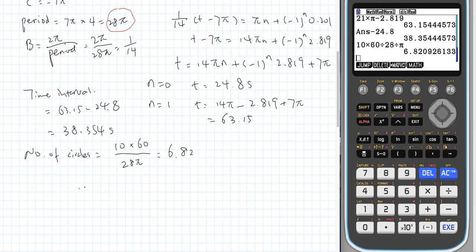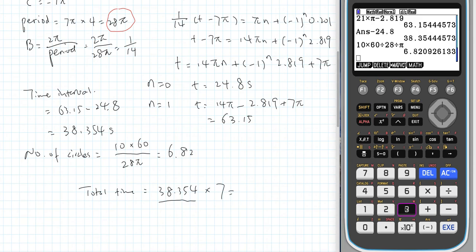And so the total time should be equal to 38.354, that's the time interval for one circle, times 7 times.